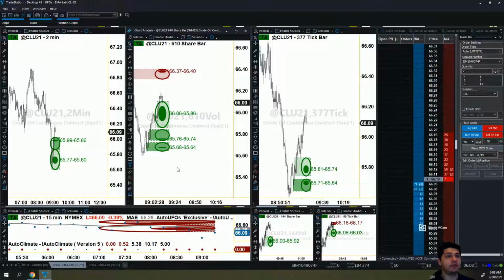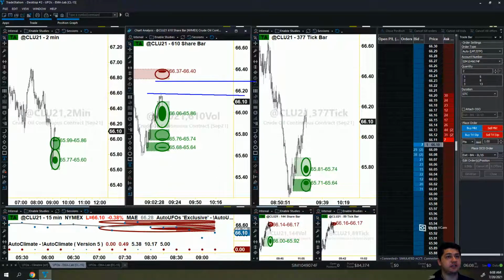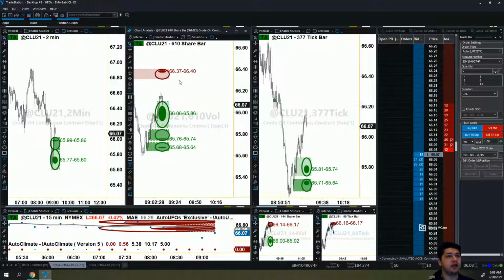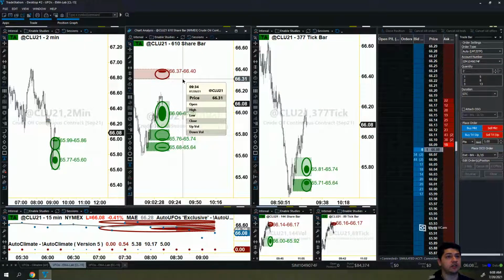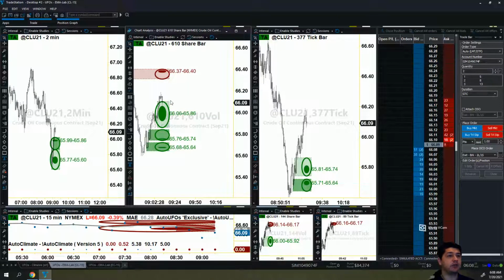What I mean by that is basically around this 66.28 area, 66.30 area, around here somewhere, is where we're looking to have a sell UFO, but unfortunately we do not. We have this one at 66.37 up above that starts actually at 66.31. This could work out. I'm going to keep an eye on it, but as of right now, it's really not looking like it will.